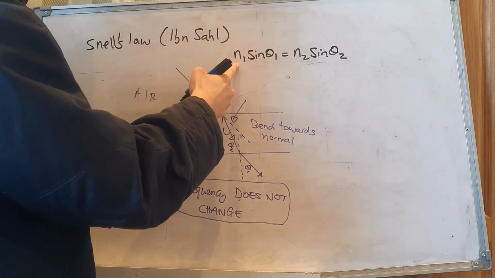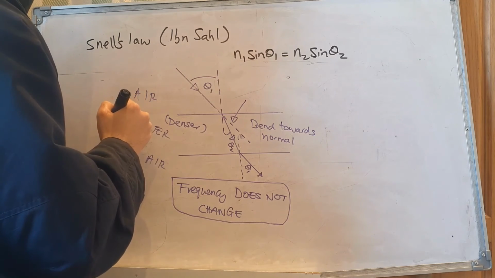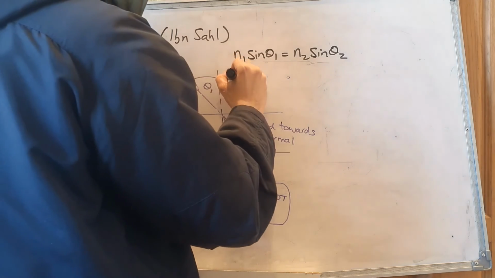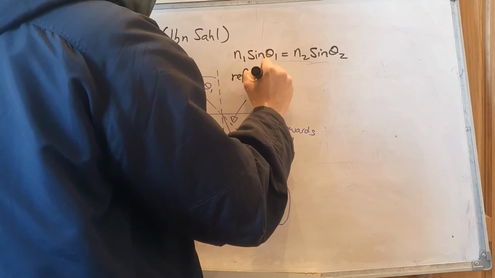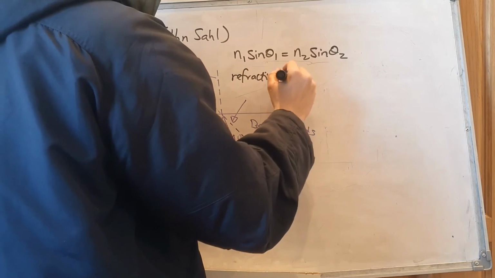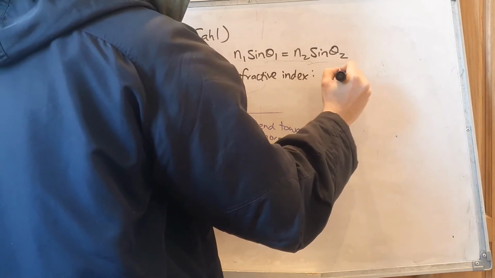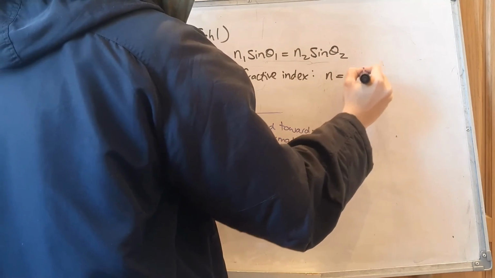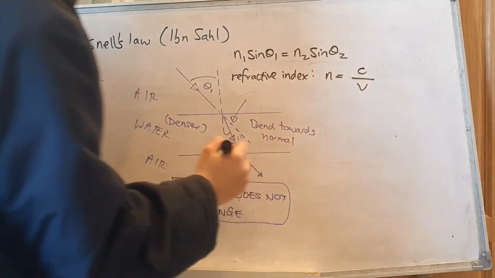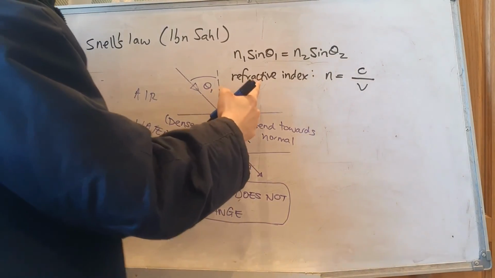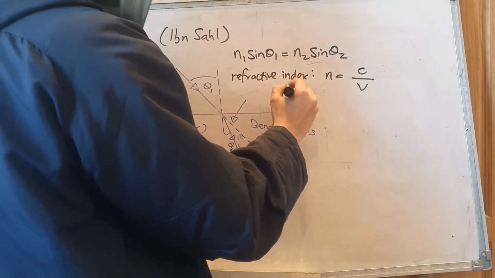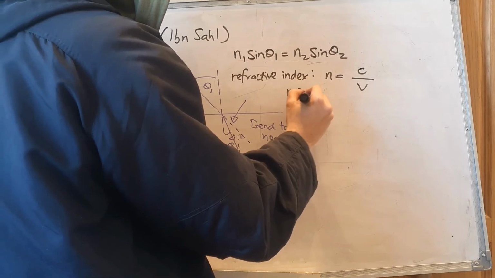And what is n1? Now n1 is the refractive index, and n is equal to c divided by v. Normally the refractive index is bigger than 1, so n is bigger than or equal to 1.